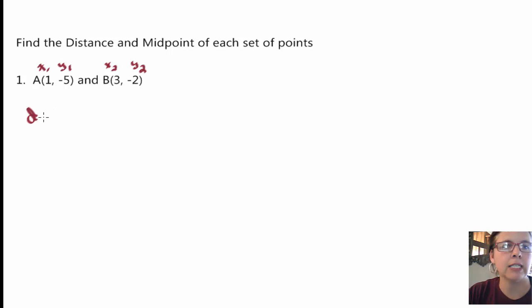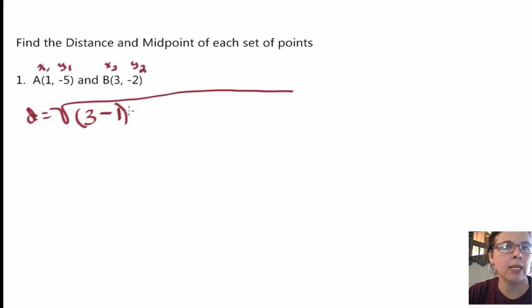So the distance equals the square root of x2, so that's this one right here, which is 3. It doesn't really matter which x you start with, minus 1 squared plus y2, which is negative 2, minus y1, which is a negative 5 squared.